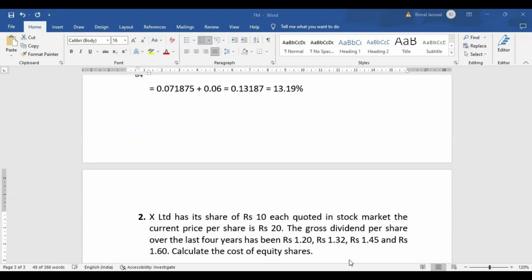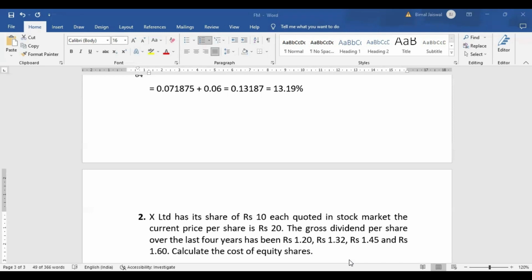The current market price is given as rupees 20. This information is clear. The gross dividend per share over the last 4 years is given: 1.20, next year 1.32, next year 1.45, and next year 1.60. That means first year, second year, third year, and fourth year. Calculate the cost of equity.